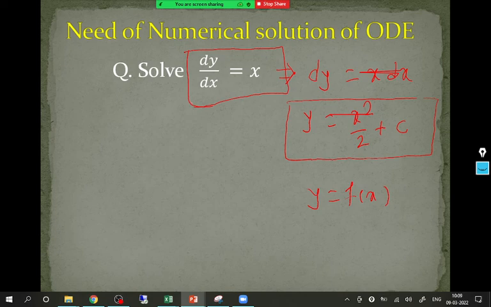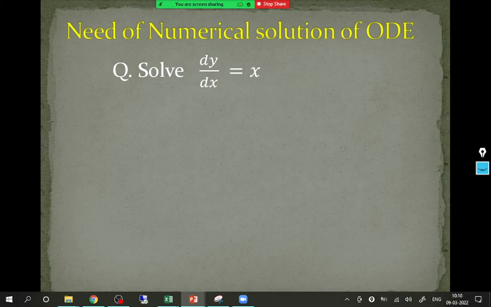That is the meaning of solving the differential equation. So whenever we have to solve the ordinary differential equation, our aim is to get a function y equal to f(x) that satisfies that differential equation. But not necessarily every time is this integration possible, or simple to evaluate.